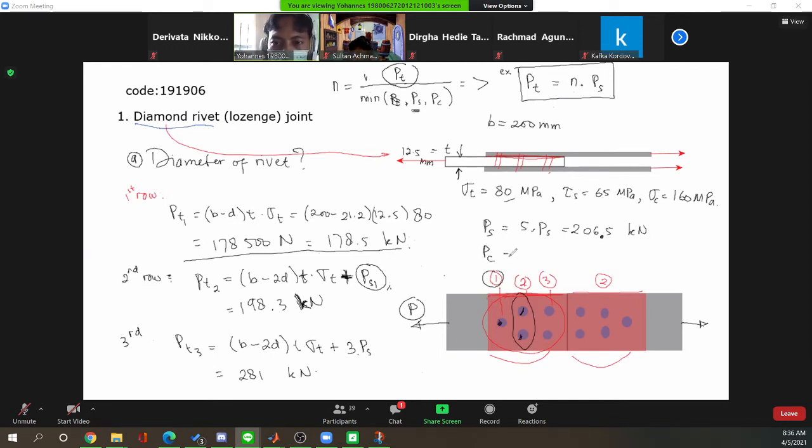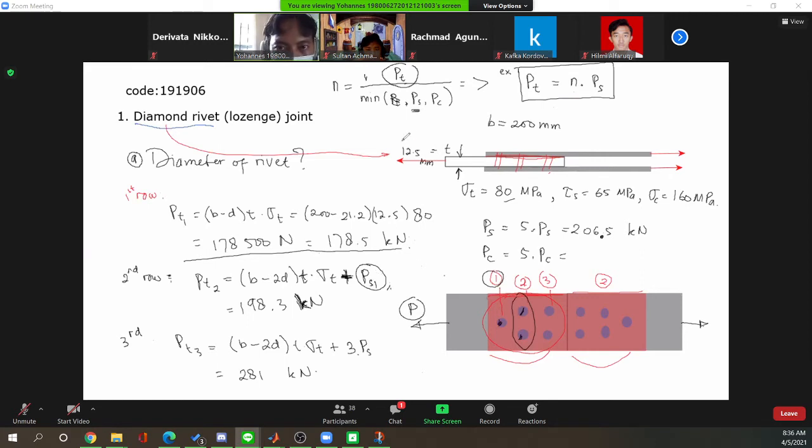And for the crushing for all rivets, sorry, we have 5 rivets also, and this is the crushing resistance.